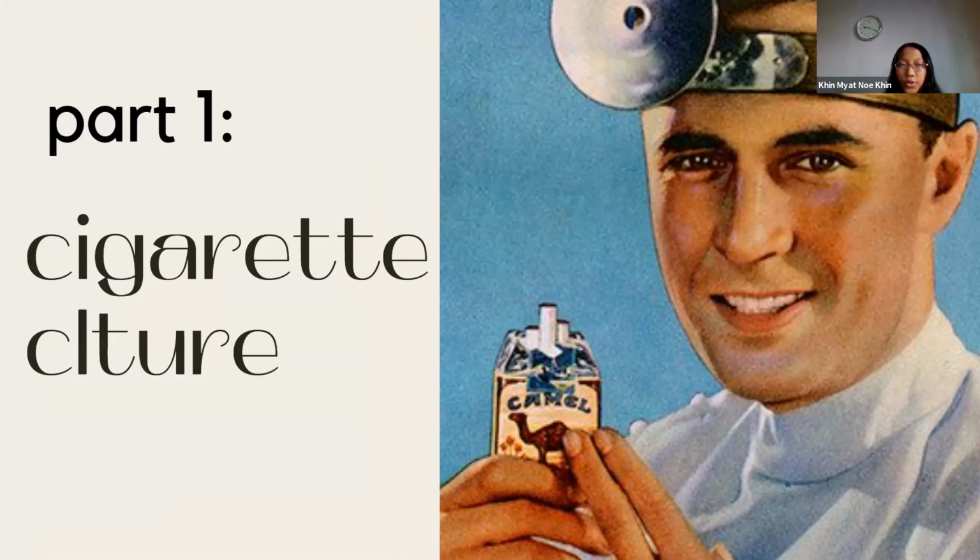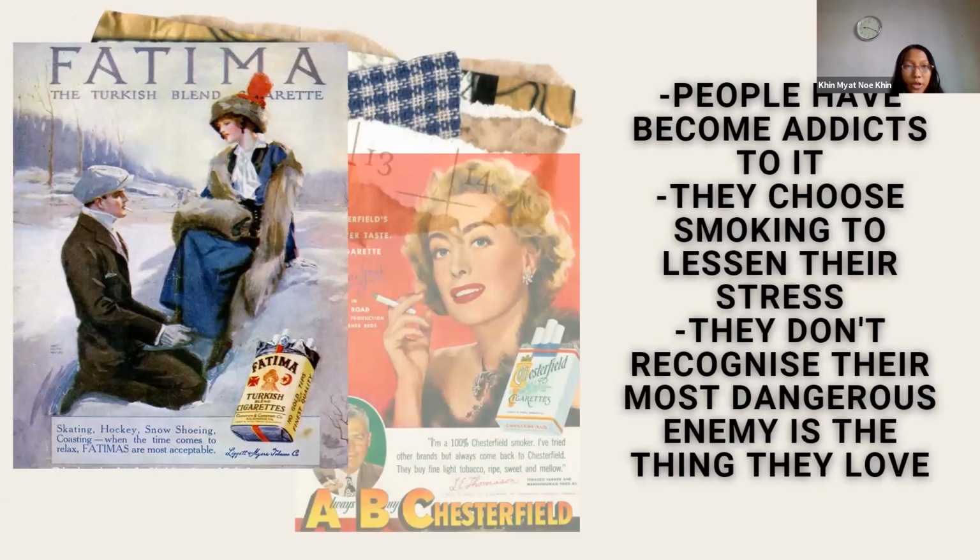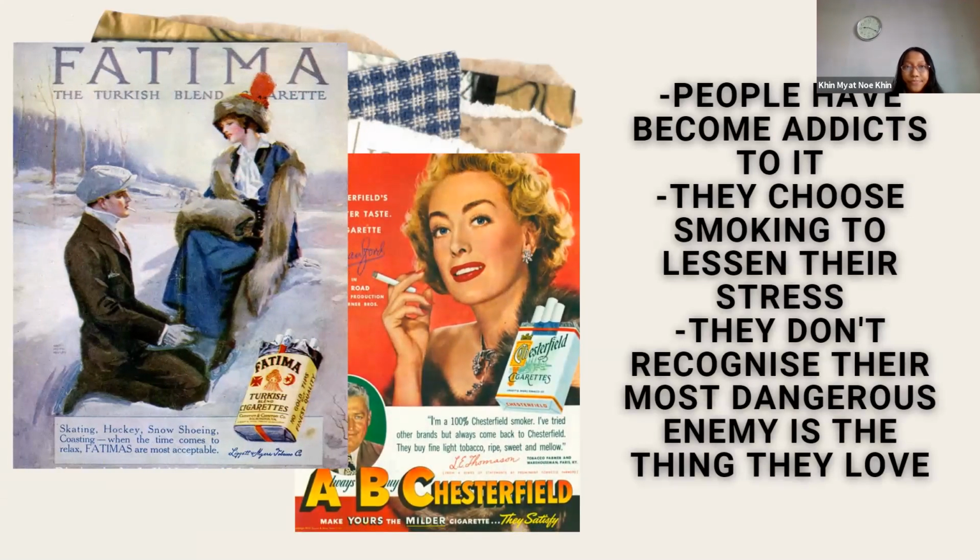Now I'm going to tell you about how cigarettes become a habit for most people. In this part, I'll be giving you some information about our first topic. Nowadays, most people around the world have a smoking habit. This habit turns into a part of culture.